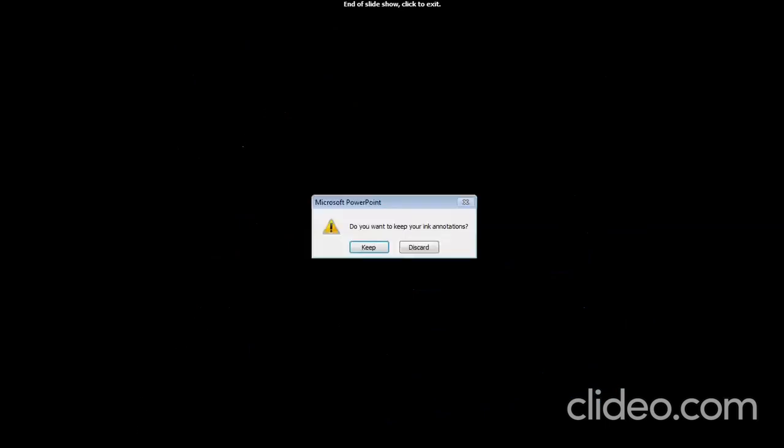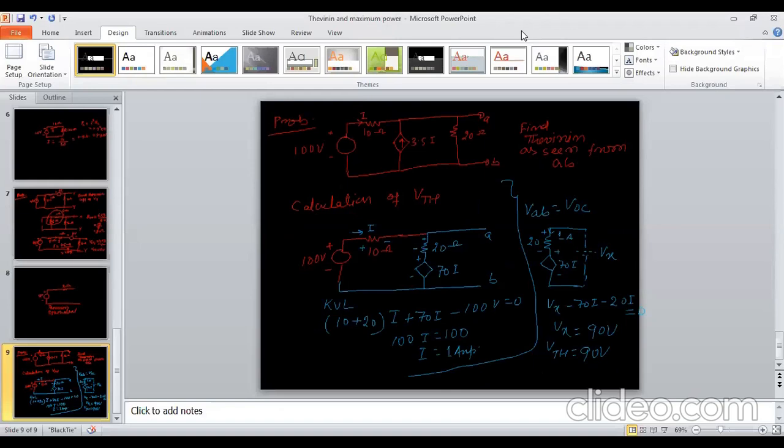To find the RTH, we have to apply a different technique that I am going to write here.